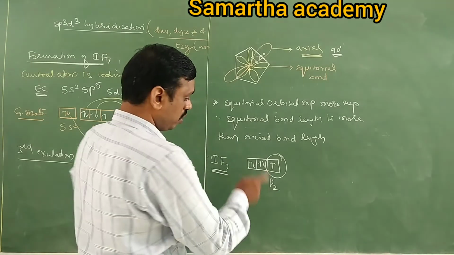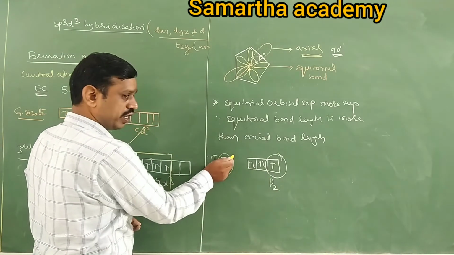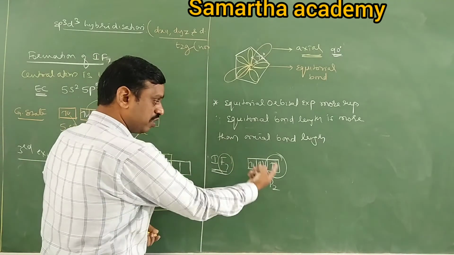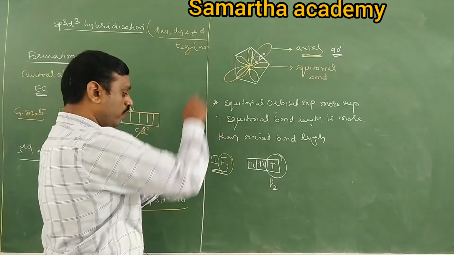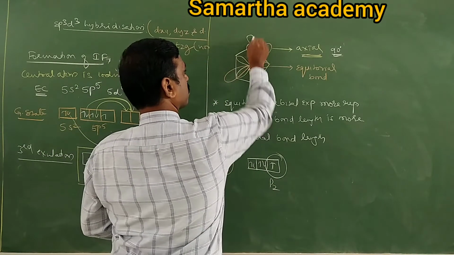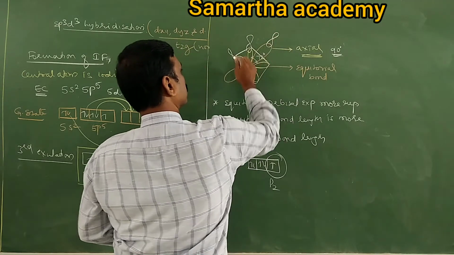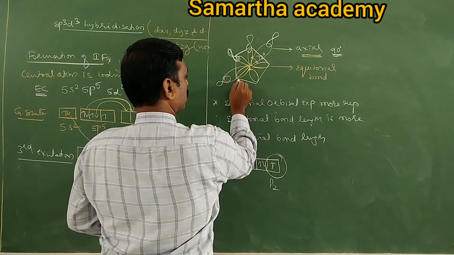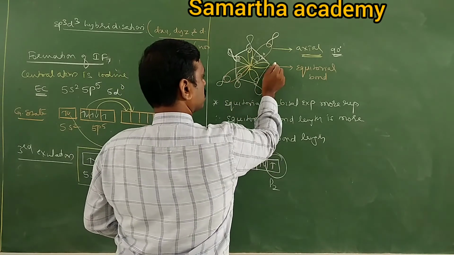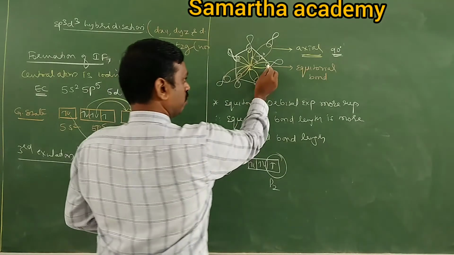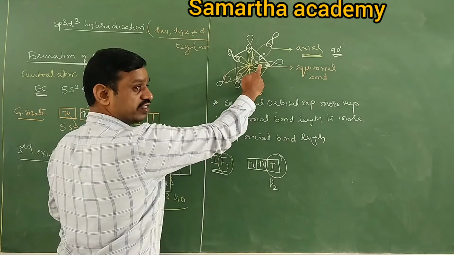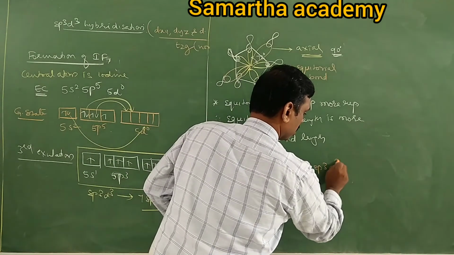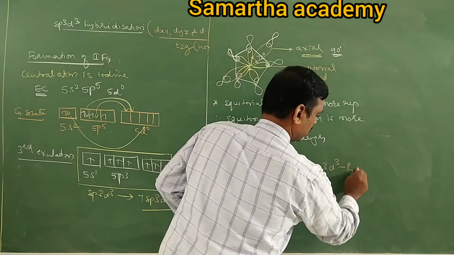One fluorine has one pz, so seven fluorines have seven pz. Therefore the seven pz orbitals of the seven fluorines overlap with these sp3d3 orbitals: 1, 2, 3, 4, 5, 6, 7. Here the overlapping is sp3d3 with pz, so it forms seven sp3d3-pz sigma bonds.